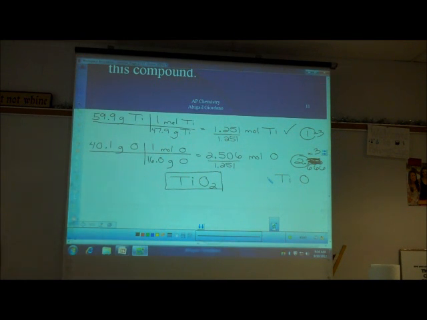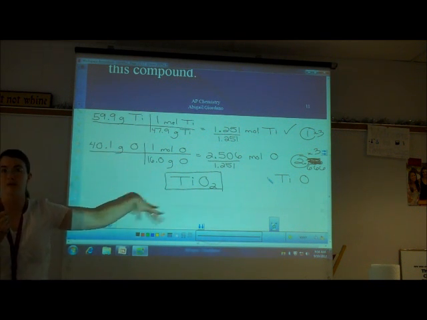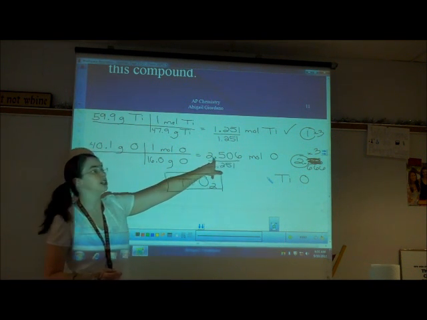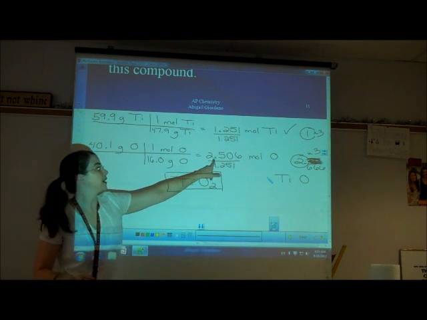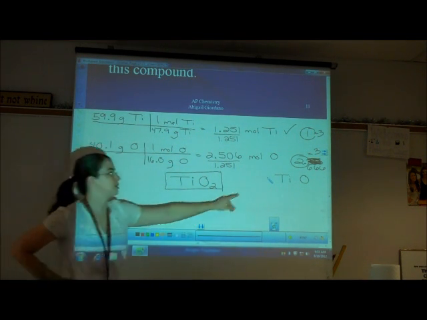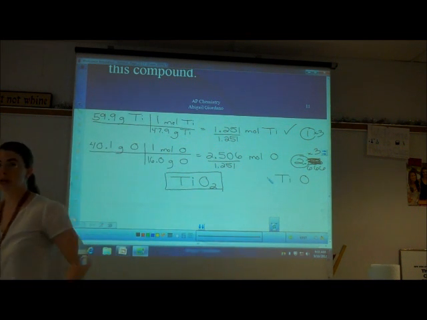If you get a number like that, that means one of two things have happened. Either you've put something into your calculator wrong and you've done a miscalculation, or the more likely cause for the error, this is the #1 most common error I see on these problems, is you rounded too much. That's why I say leave at least 3 decimal places.